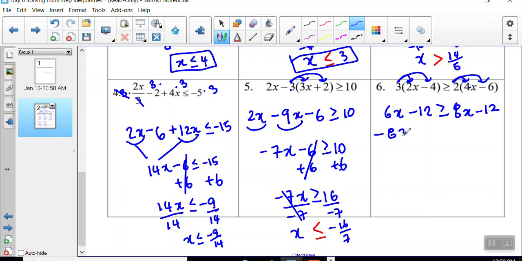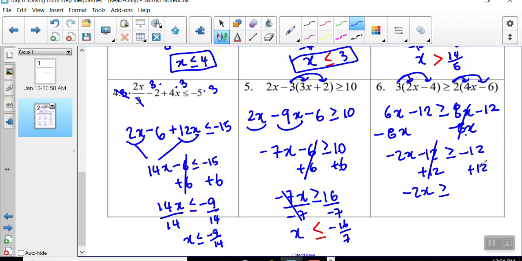And then I'm going to subtract 8x on both sides. 6 minus 8 is negative 2x, minus 12, greater than or equal to 8 minus 8 cancels, negative 12, plus 12. Negative 2x, greater than or equal to, negative 12 plus 12 is 0. Divide by negative 2, you have to flip the symbol. And then x is less than or equal to 0.